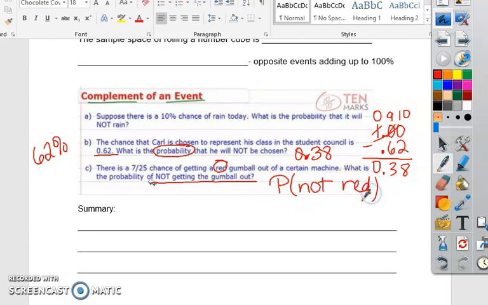Okay, so 7 out of 25, and again, there's a couple ways that you can do this. There's a 7 out of 25 chance of getting a red gumball. So what I would do, this is me, is I would say, okay, well, if there's 7 chances of getting a red, how many chances is there of not getting a red? And I would subtract it.